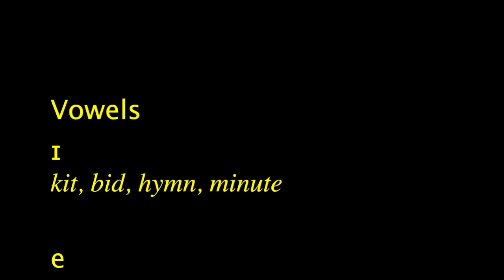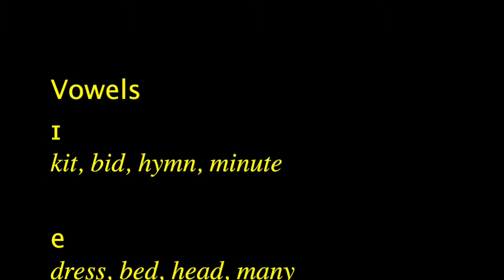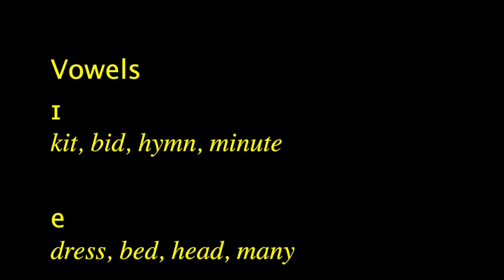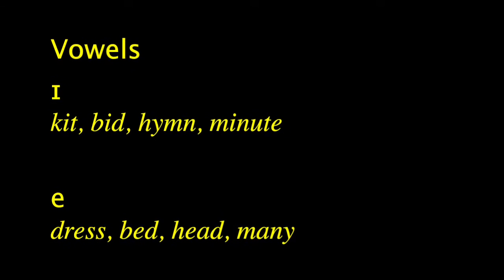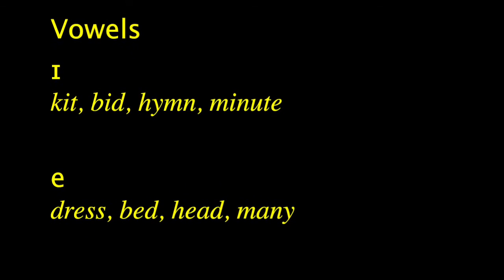So this vowel that looks like a small cap I is I, and it's the vowel in kit, bid, hymn, and minute. The vowel that looks like an English E is the sound you hear in dress, bed, head, and many.